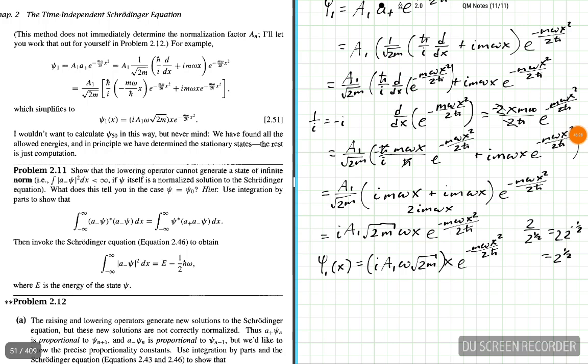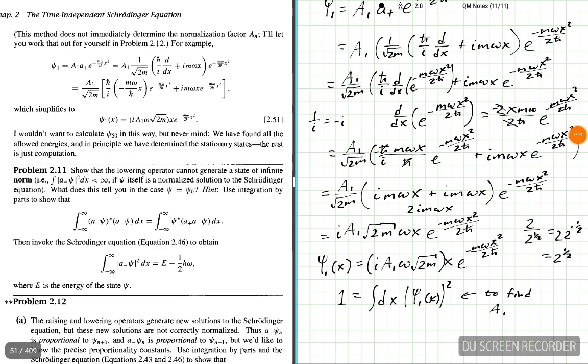And then if we want to normalize that, then of course we will do our normalization, where we're going to have the integral dx of this guy times its complex conjugate, so the absolute value squared. So we can find A1 that way.